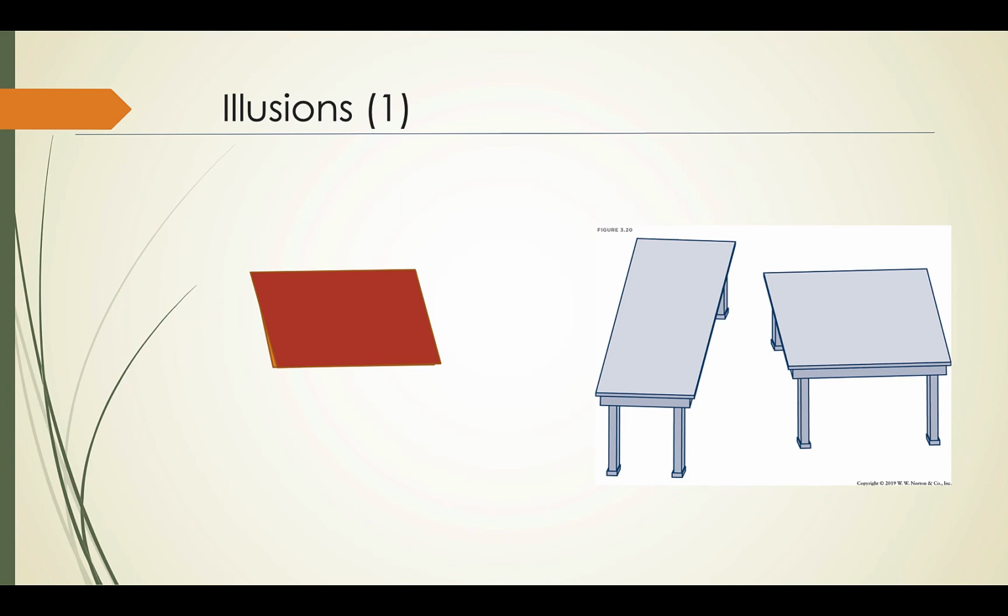Cues to depth in this figure cause you to perceive the figure as a drawing of three-dimensional objects, each viewed from a particular angle. This leads you, quite automatically, to adjust for the apparent viewing angles in order to perceive the two tabletops, and it's this adjustment that causes the illusion. Shape constancy works against our accurate perception in this case. Let's look at another.